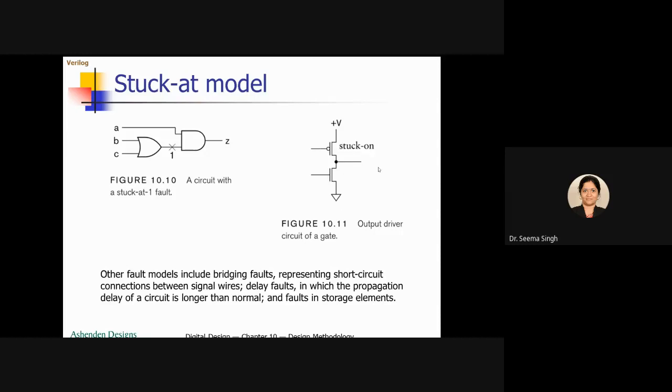So the output here will be somewhere between 0 and 1. Whenever such an intermediate voltage is seen in such a transistor, we understand that there is a stuck-on fault. So the stuck-at model and the stuck-on model are both capable of detecting and simulating faults only if there is a specific test pattern which is able to detect the fault.